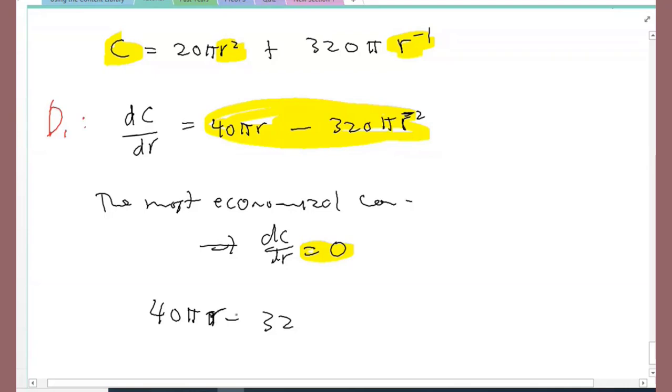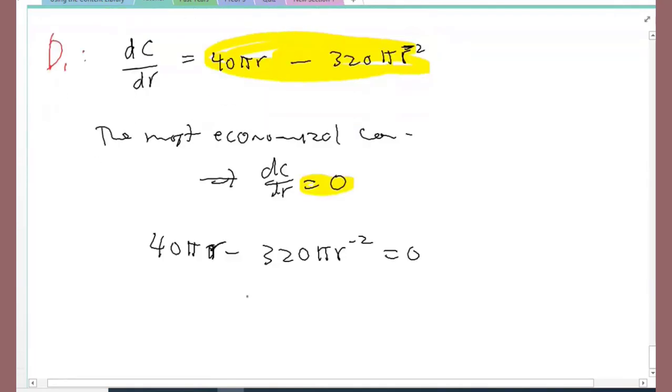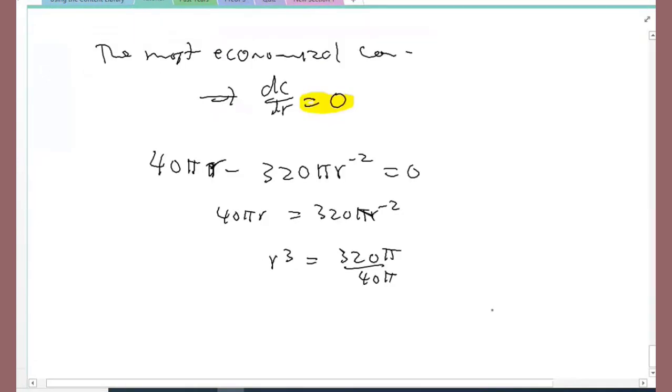Sekejap. 40 pi R is equal to 40 pi R negative 2 bawah. Okay, naik atas R cube is 40 pi over 40 pi, and then this one is cancel. Therefore R is equal to 2.